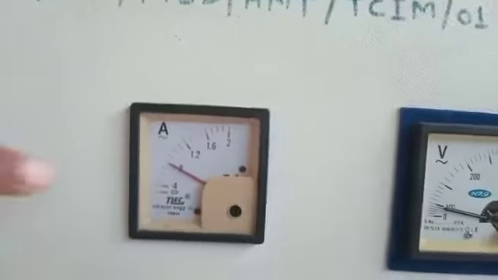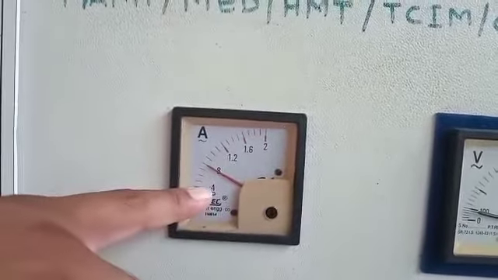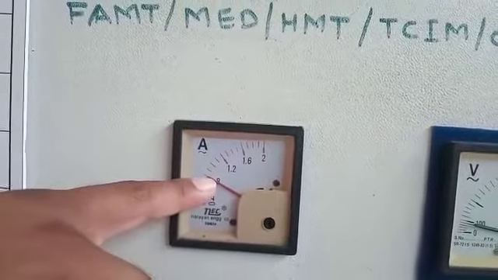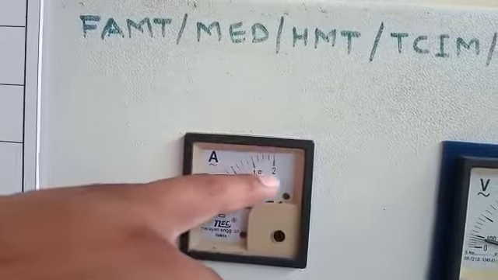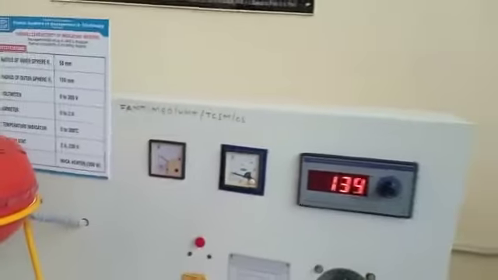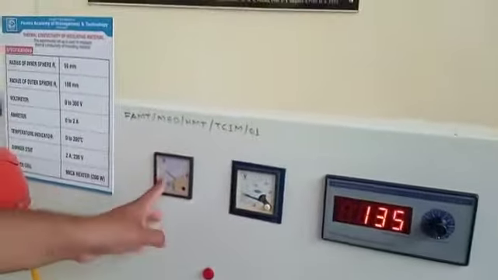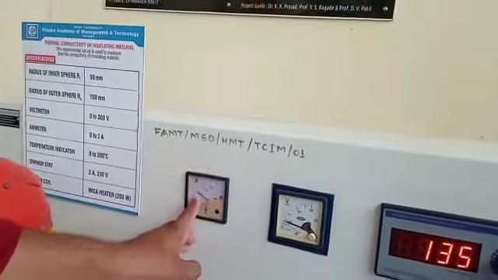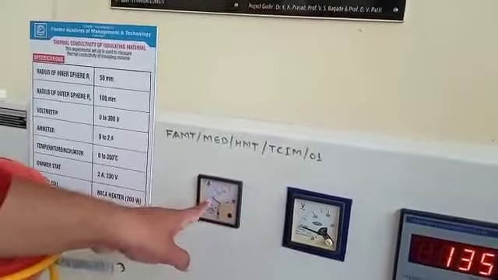It is not 8 actually; the digits are starting from 0. This is 0.4, 0.8, after that 1.2, 1.6. So this reading is 0.8. Please all of you note down the ammeter reading as 0.8.